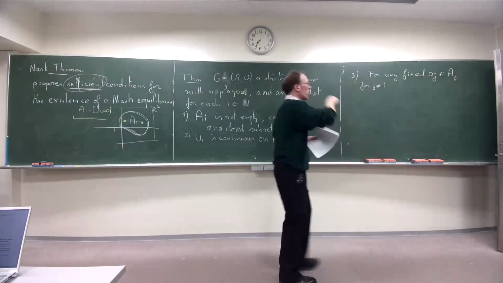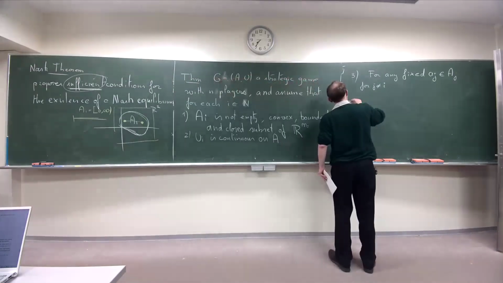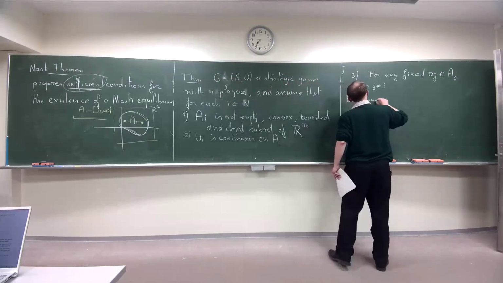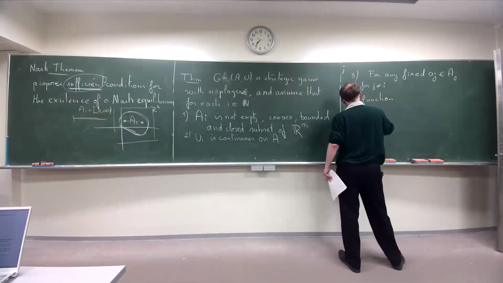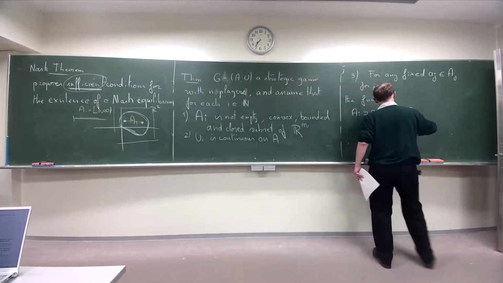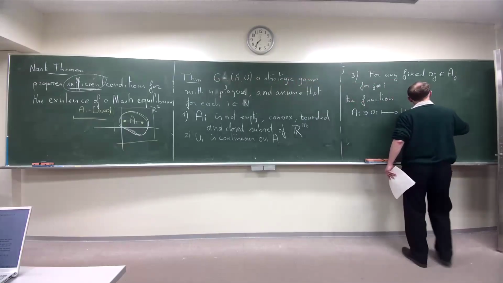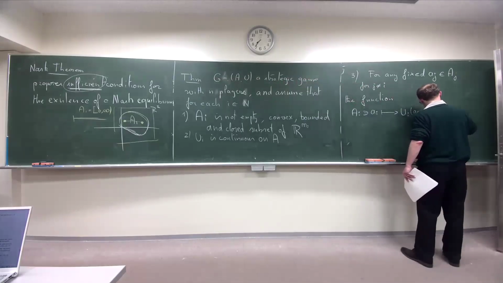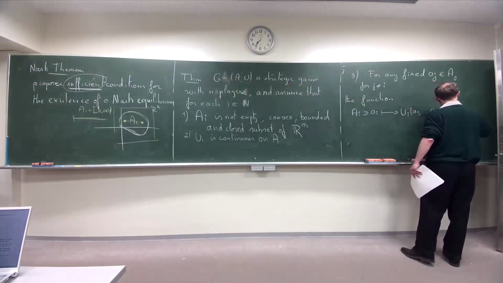So I take all variables fixed except one. What is the function I consider? Take a point Ai, it goes to Ui of A1 to Ai-1, Ai, Ai+1.